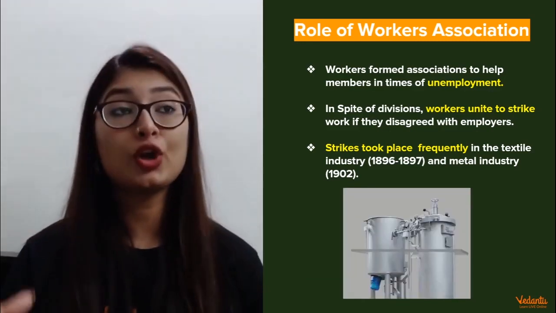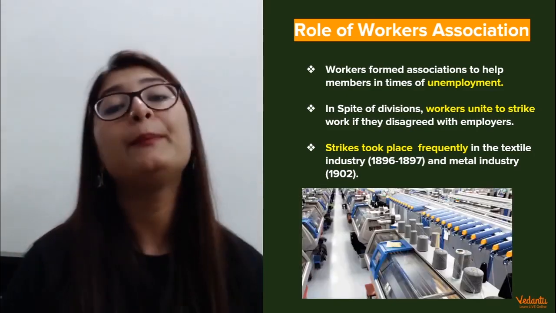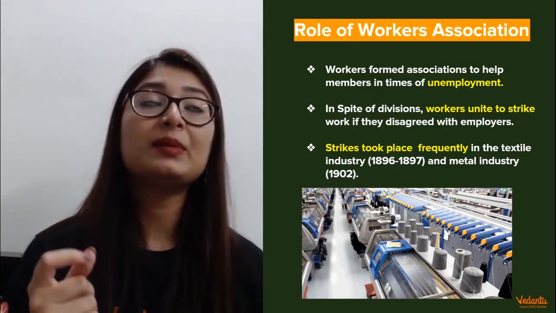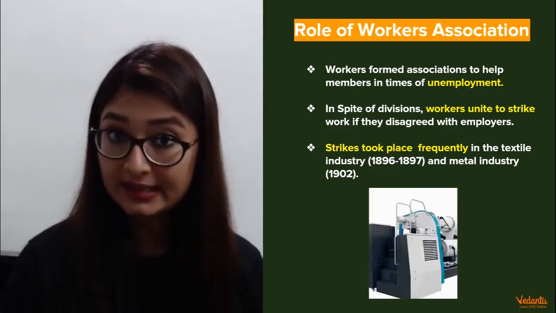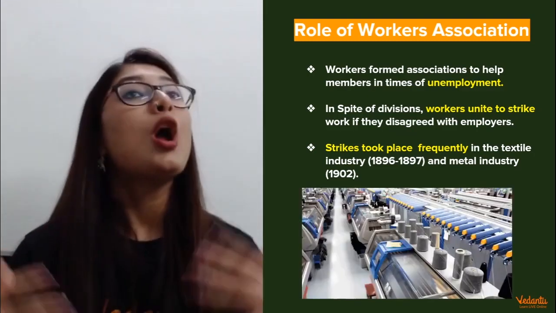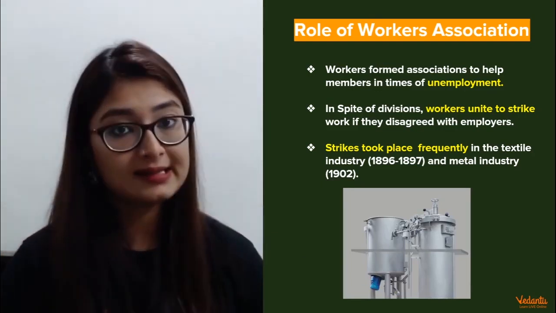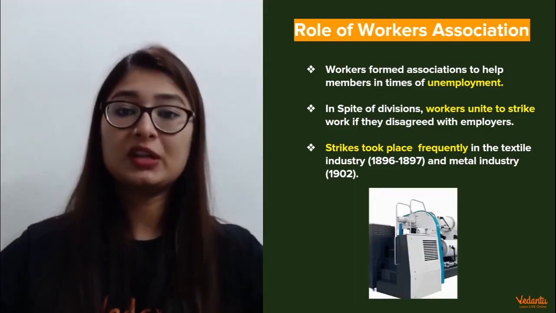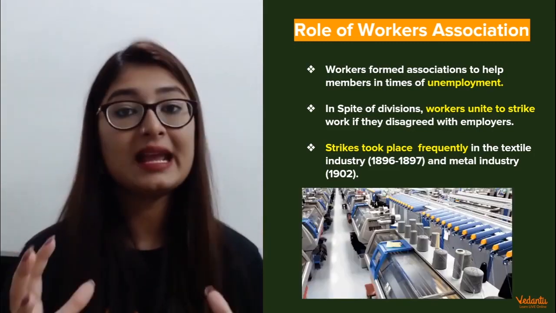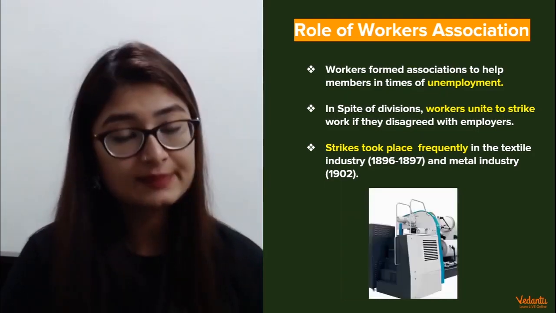Because the population of France, and not just France, the entire Europe was rapidly increasing. So because of this increase in population, naturally, even in the Russian Empire, the population must have increased. As a result, population is increasing, food production or supply is still the same, and the number of jobs is still the same, which means with the increased population, it seemed very less to satisfy or make people content for their needs.